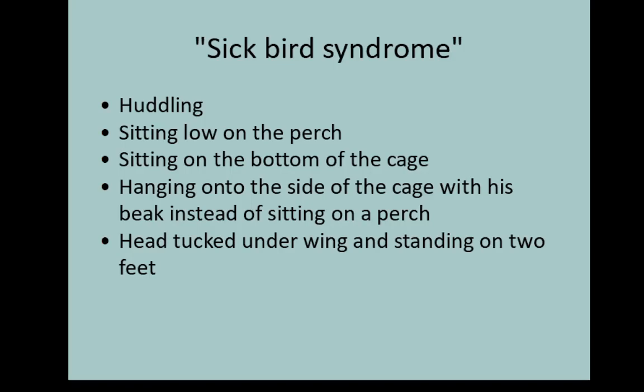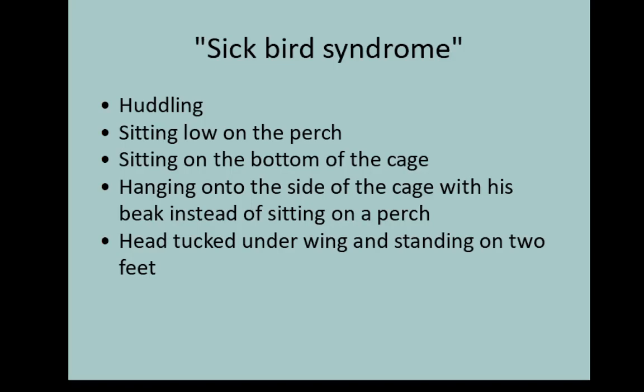Next is head tucked under the wing and standing on two feet. You can observe the bird is standing; however, the head is tucked between the wing. The reason behind it again could be that the bird is experiencing a problem in regulating its temperature, and that is the reason why it keeps its head under its wing.